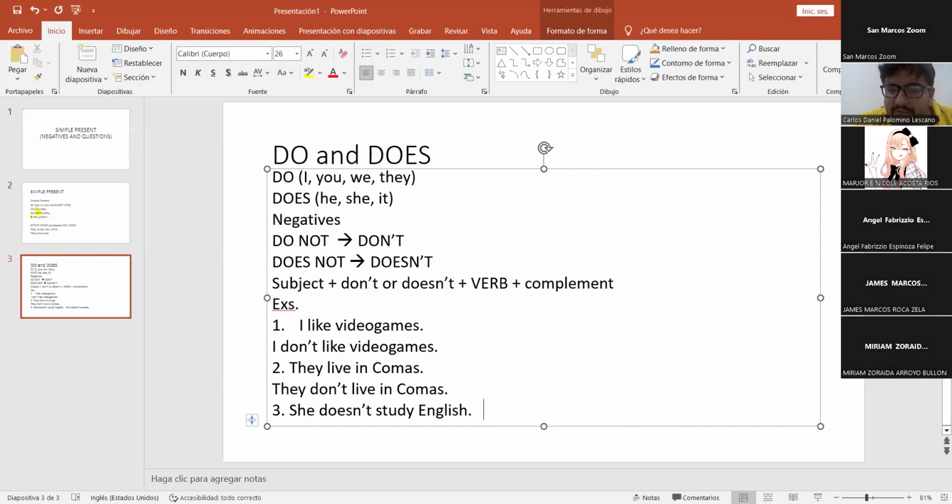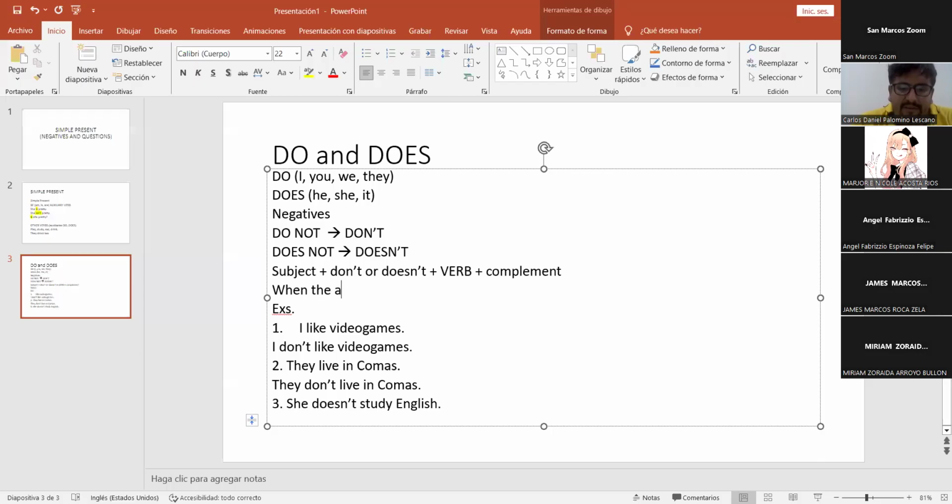When the auxiliary is working on the sentence, the main verb, el verbo principal, has to be in base form. El verbo principal tiene que estar en forma base. Cada vez que esté el auxiliar presente, el doesn't, el don't, el verbo tiene que estar ¿qué? En forma base. ¿Estamos? ¿Estás conmigo? ¿Sí? Entonces la oración está bien hecha.